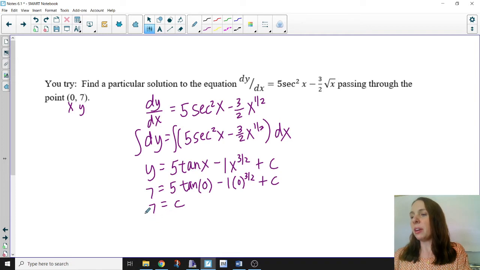And so from there, don't box in that answer like I almost did. You're going to write your particular solution. This is the general solution. I forgot to label that. I'm just going to write GS for general solution.